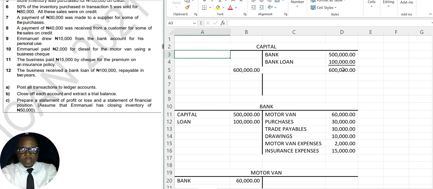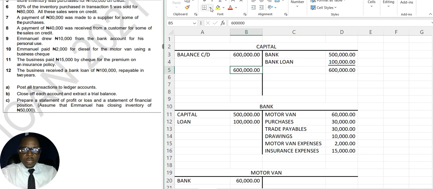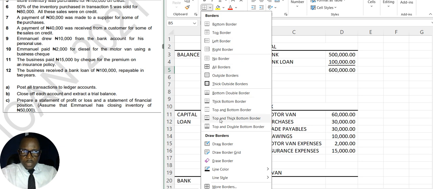You come here and write balance carried down. Balance carried down is your 600. Then let's put a double line down.